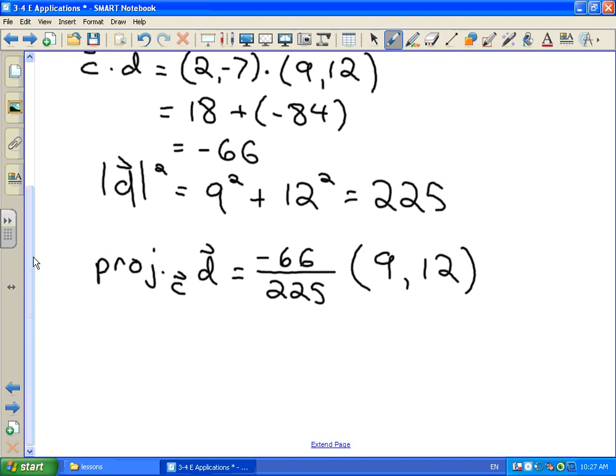And so we just do this multiplication. At this point, we're just punching this into our calculator. -66 times 9 divided by 225 is going to give us something like -2.64. -66 times 12 divided by 225.